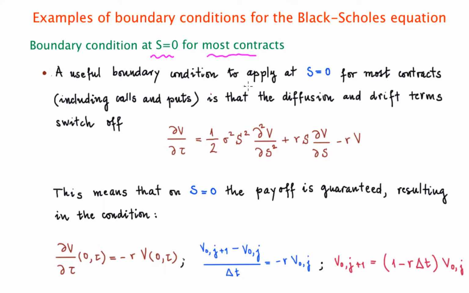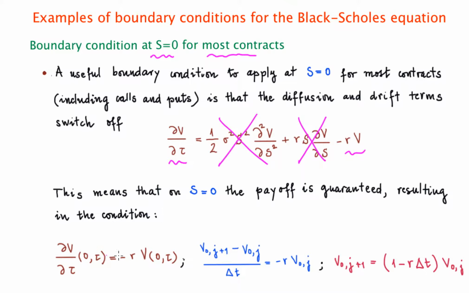A useful boundary condition to apply at S equals 0 for most contracts, including these calls and puts, is that the diffusion and drift terms switch off. So at S equals 0, this is 0, and this is also 0. Then what we have is that this is equal to this one. This means that at S equals 0, the payoff is guaranteed. Then the resulting equation is basically this one, as we have said here.